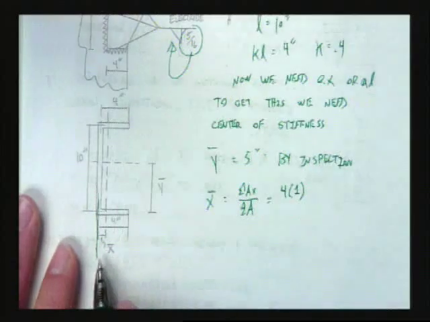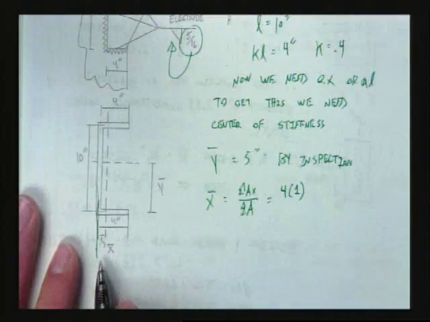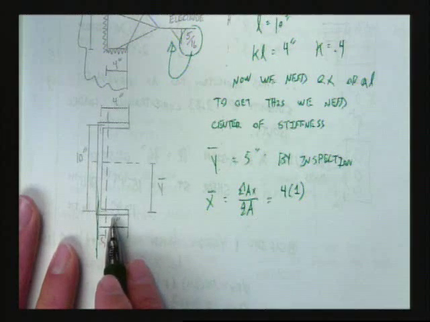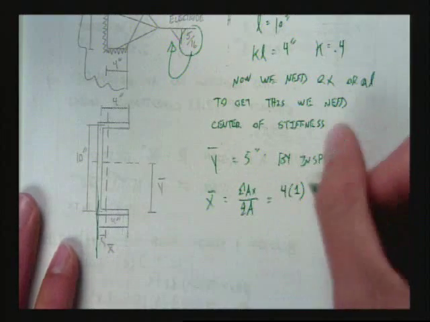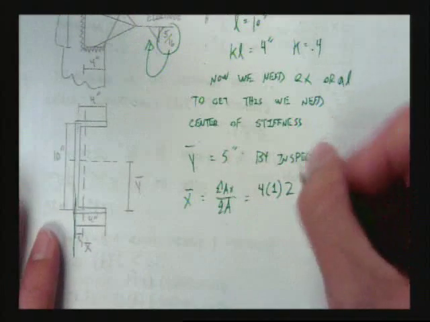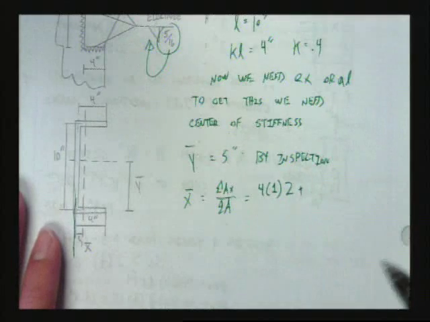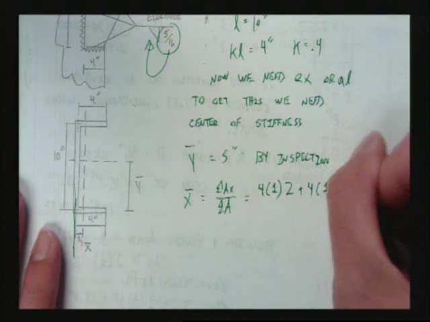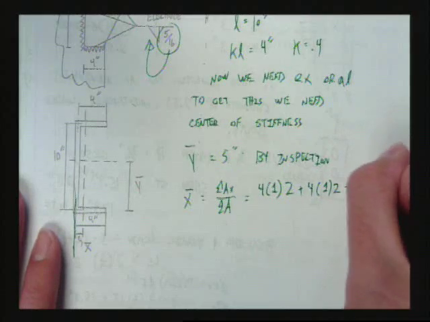That's what I drew in my picture, just like you would on a centroid. So what's the distance from my origin to the center of this weld? It's 2. Do I have another one of those? Yes, I do. 4 times 1 times 2.